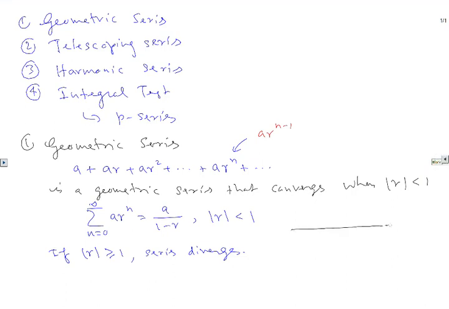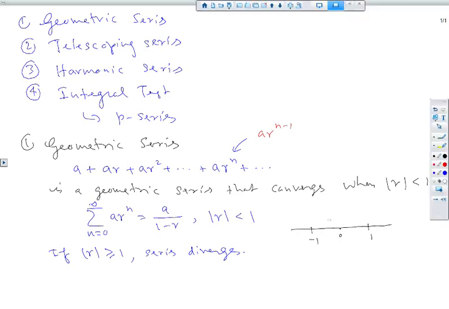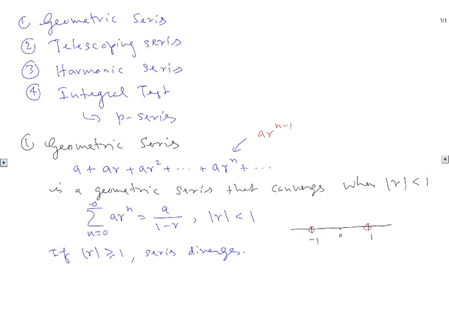So we remember it like this: this is 0, and we have 1 and negative 1. Inside the open interval from negative 1 to 1 it converges. Outside it diverges.